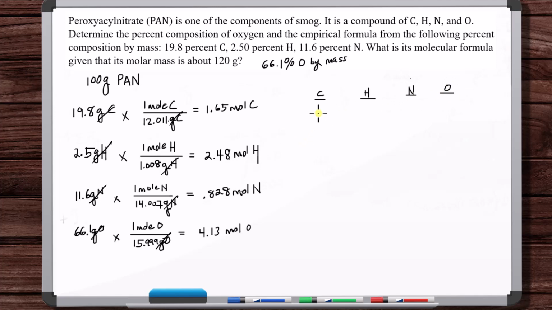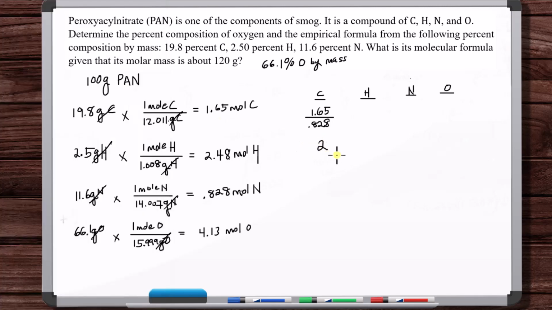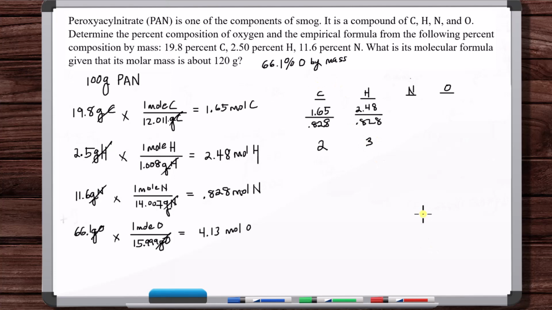Carbon: 1.65 divided by 0.828 is 2. Hydrogen: 2.48 divided by 0.828 is 3.